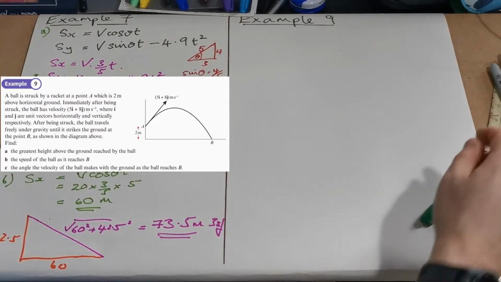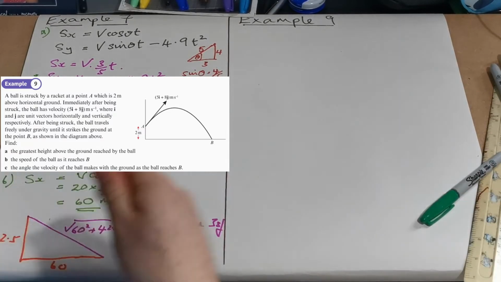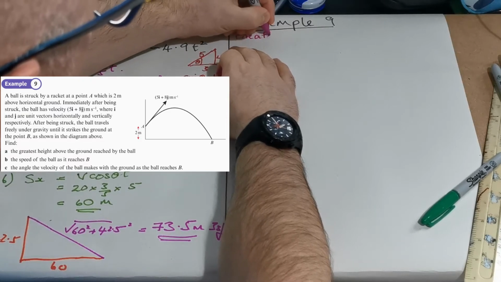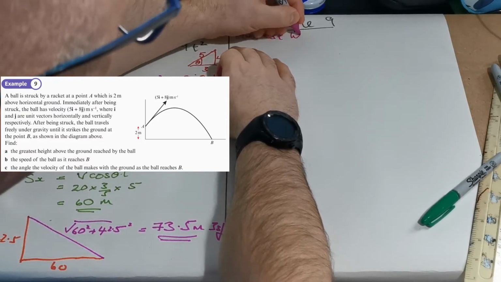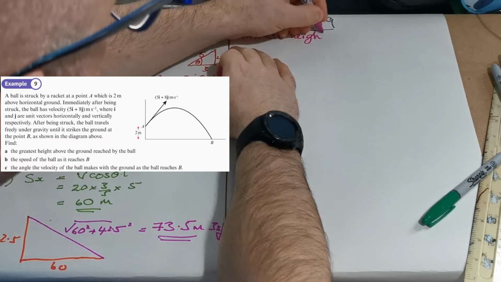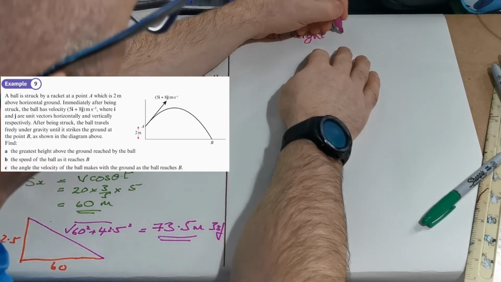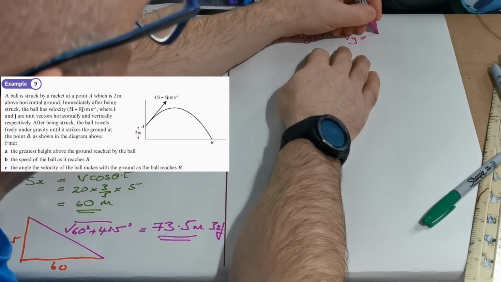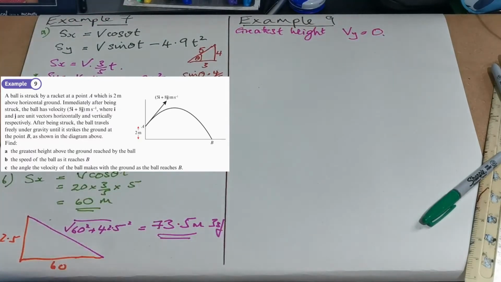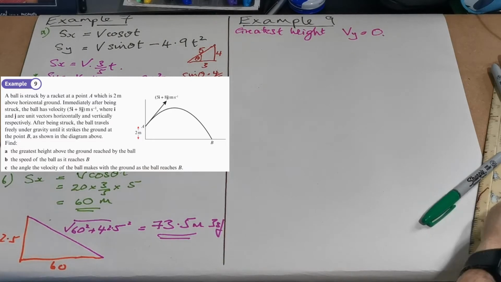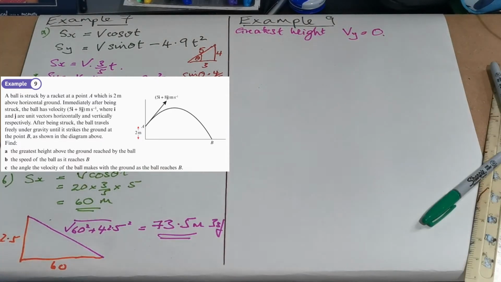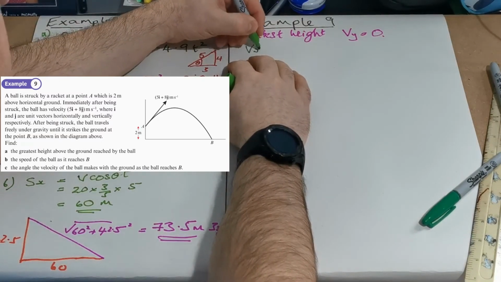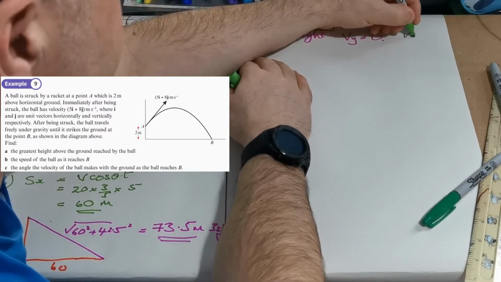Now, the key to a greatest height question is that it has stopped moving vertically. So its vertical velocity equals 0. So in terms of equations that we are going to use, I'm going to base everything on v equals u plus at.